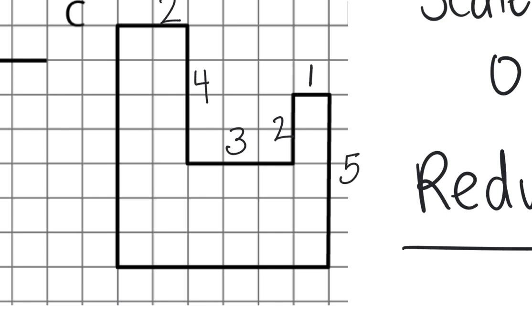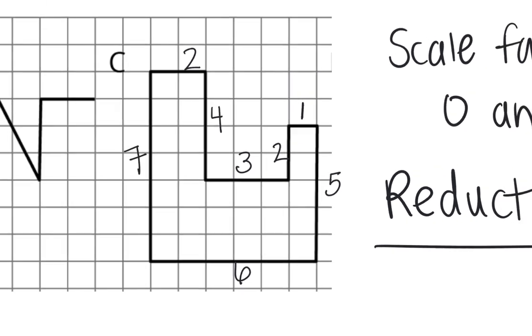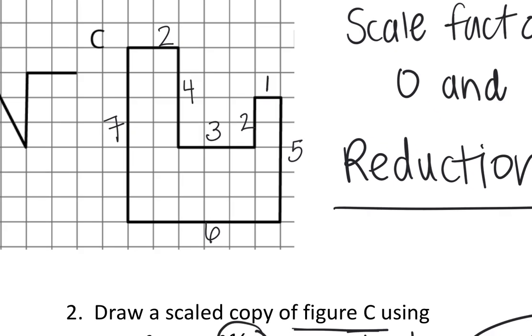In the base, 1, 2, 3, 4, 5, 6. 6 in the bottom. And then let's see how much I'm going up. 1, 2, 3, 4, 5, 6, 7. 7 right there. Okay, so I counted all the sides. That's what I have. I'm going to divide each part by 2 and get an answer. Again, use your calculator as much as you can if you want to.